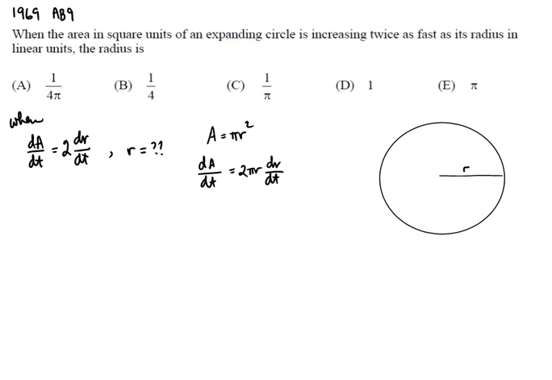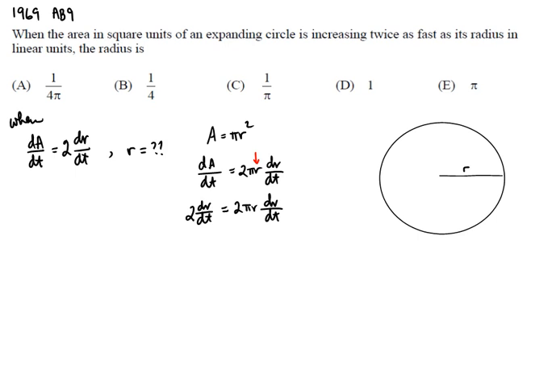Now the calculus is done, and we can do one of a number of things, but we're trying to solve for r. So we can apply the constraint here that dA/dt is equal to 2 dr/dt, and we plug that in for dA/dt on the left side.